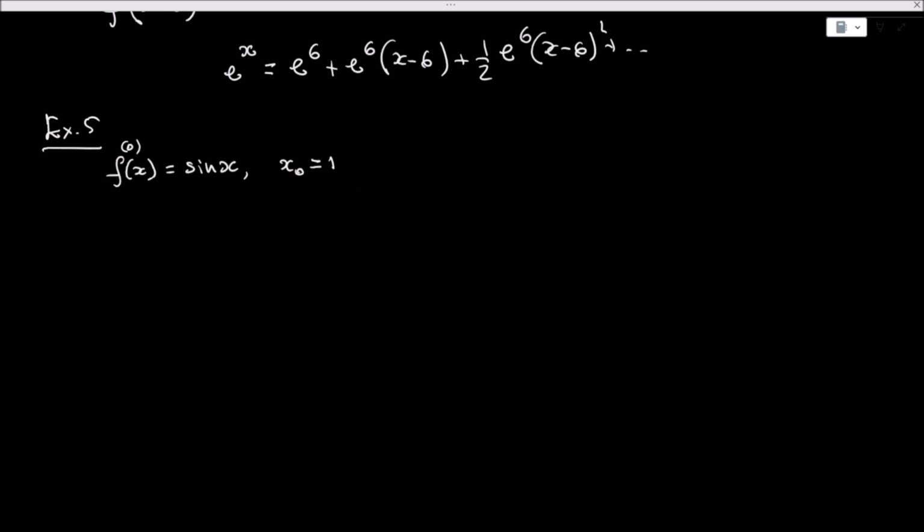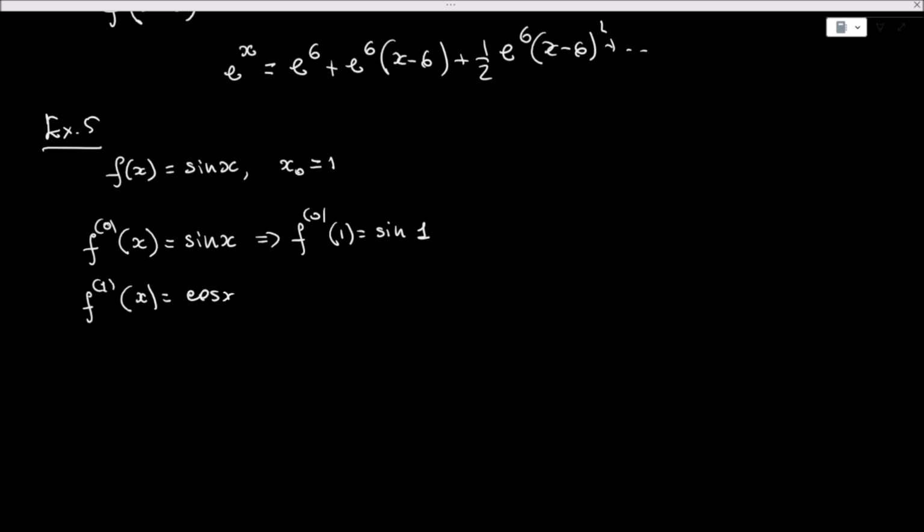Well, that implies that, let me write down, f of order 0 evaluated at x is sine of x, which implies that f of order 0 evaluated at 1 is sine of 1. 1 represents 1 radian. Then we have the derivative of order 1 in x is the cosine of x, which implies that the derivative of order 1 evaluated at 1 is the cosine of 1.